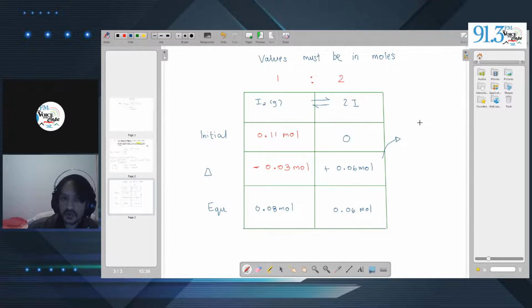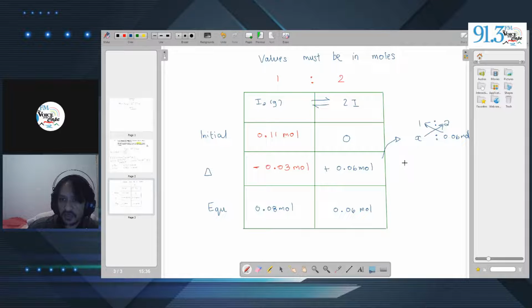We said 1:2. We don't know the change value here, so we can just say x. And the one that we do know is 0.06 mole. And all we do is cross multiply.